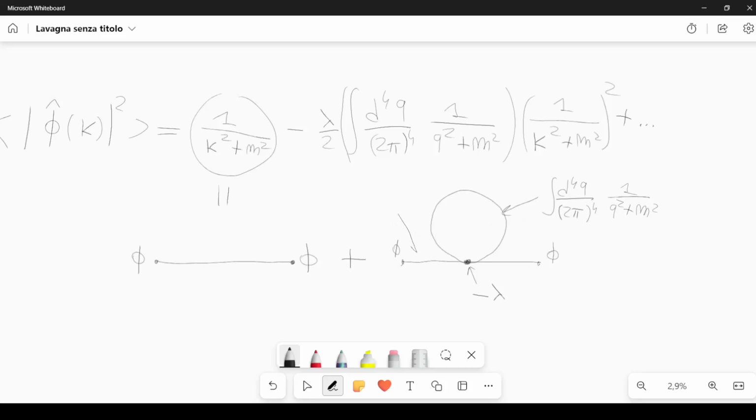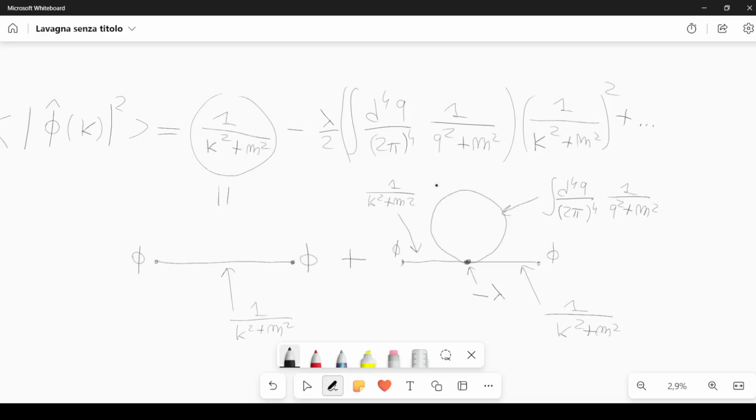And then to these two edges, we associate 1 over k² plus m², similarly here. You also have a factor of 2 here in the denominator, and this is due to the symmetry factor of the Feynman graph.